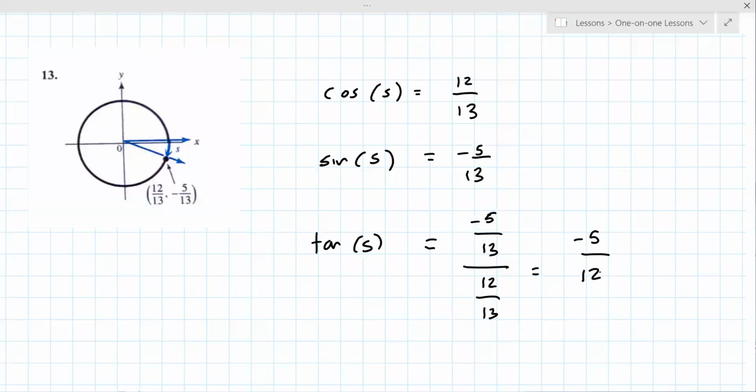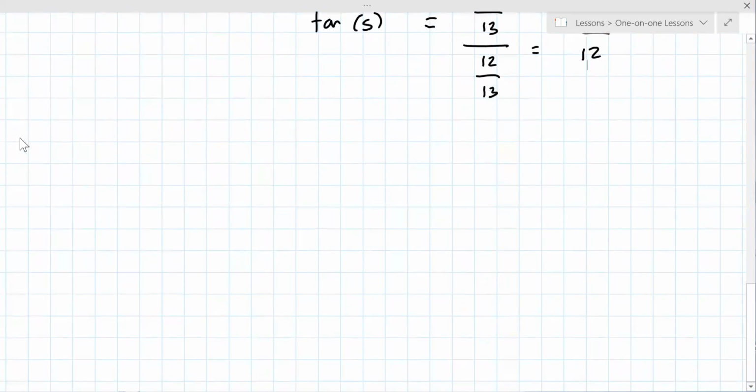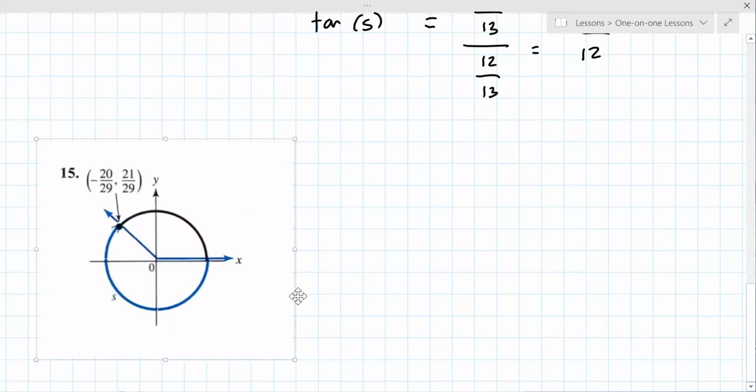All right. On to number 15. You probably figure out now what to do. It's basically the same as the one we just did. You're going to write out the x value as cosine, y value as sine.